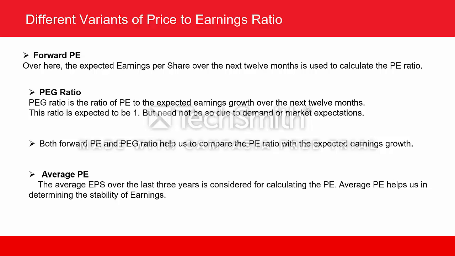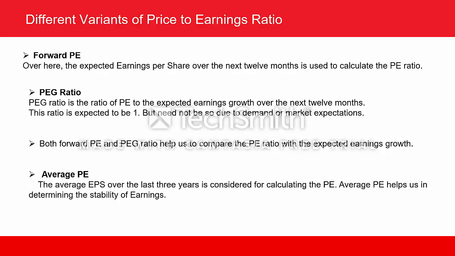There's one more ratio which a set of investors do take into consideration before they delve deeper into looking at a stock, that is the average PE. So there could be companies which have done very well in the last year, or maybe very badly in the last year due to some external reason which is just not company dependent, say a major financial crisis, a commodity price collapse, or a severe commodity price increase, due to which just the past year's earnings could have been significantly different compared to the years prior to that.